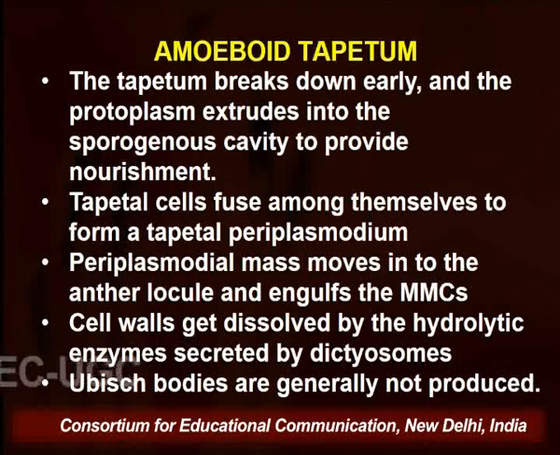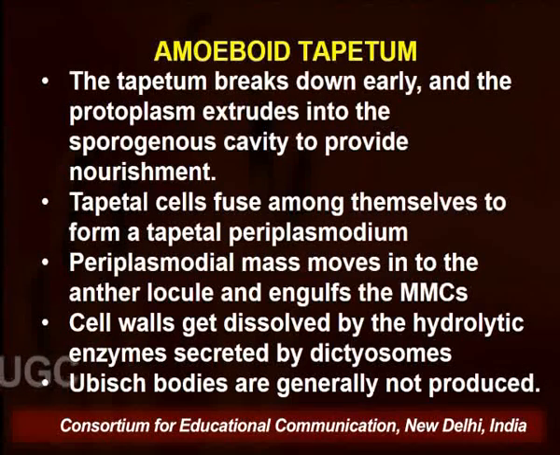Now, how is this periplasmodium formed? Basically, the cell walls get dissolved, and they get dissolved by the action of hydrolytic enzymes which are secreted by the dictyosomes, which are very much present in the tapetal cells.